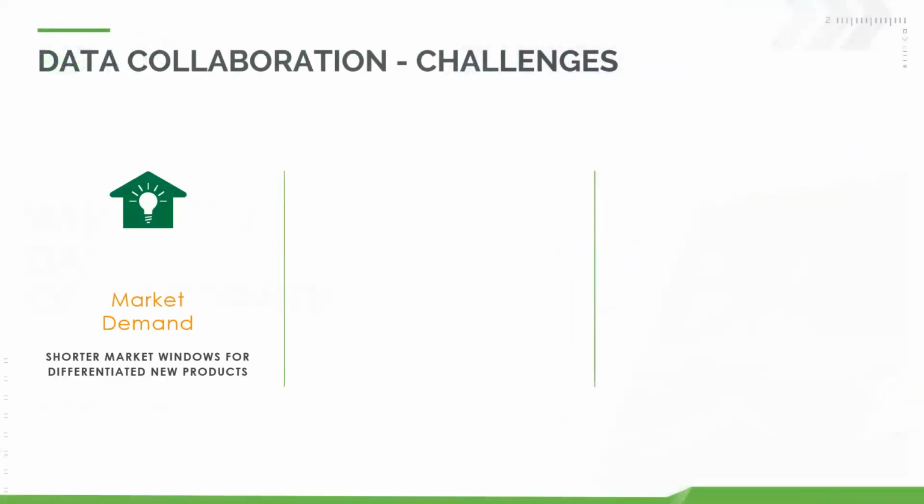Some of the challenges around collaborating with data start with market demand. A lot of markets are looking for specialized products, and the OEM needs to be able to adjust accordingly.